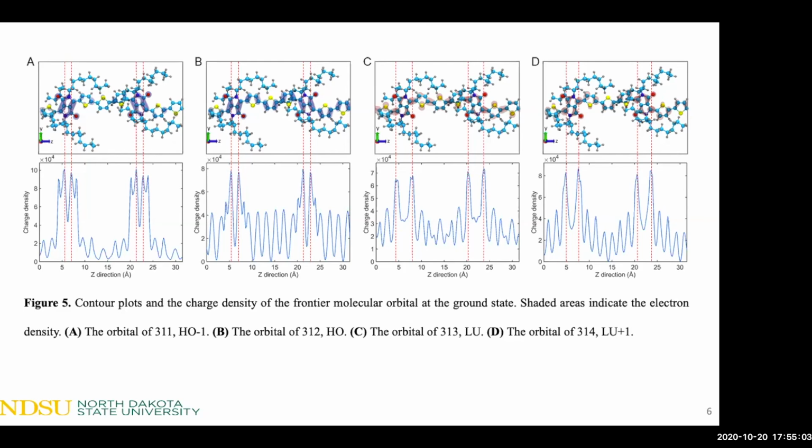Right. But maybe most important for this part of the study is that the charge is completely delocalized through the backbone. For panel C, for the LUMO, we have some charge around the sulfur as well as the carbons. In figure B we maybe do not have such charge on the sulfur.